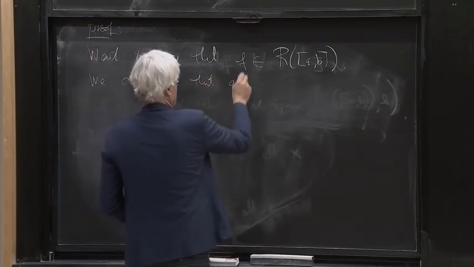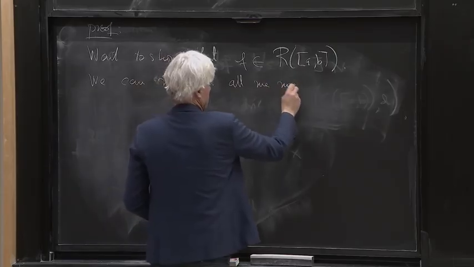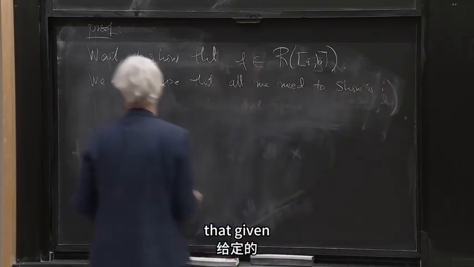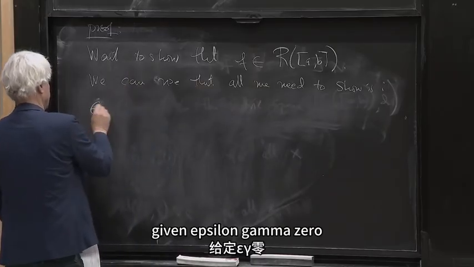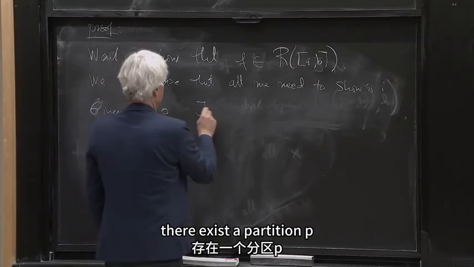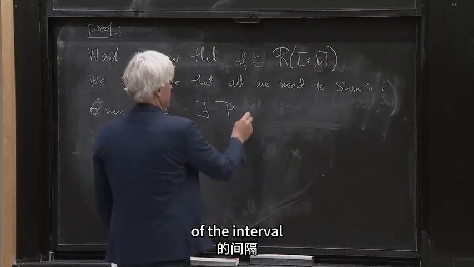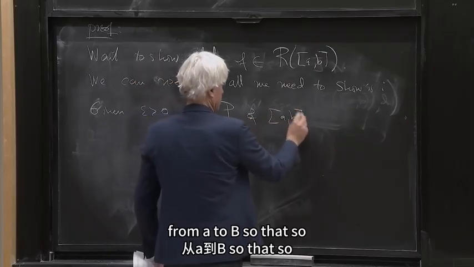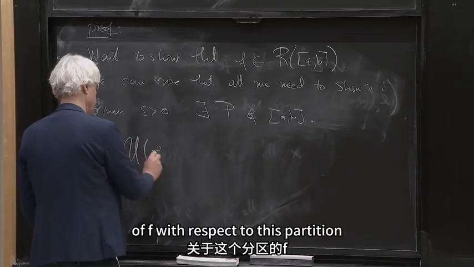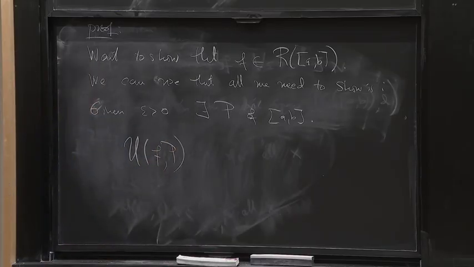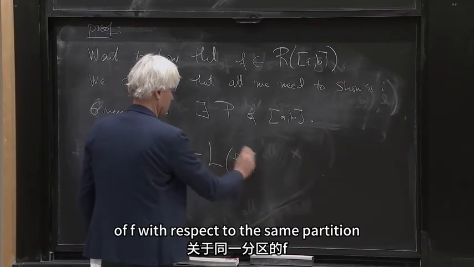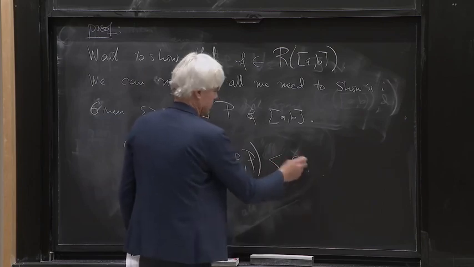All we need to show is the following: given epsilon greater than 0, there exists a partition P of the interval from a to b so that the upper sum of f with respect to this partition minus the lower sum of f with respect to the same partition is less than epsilon.